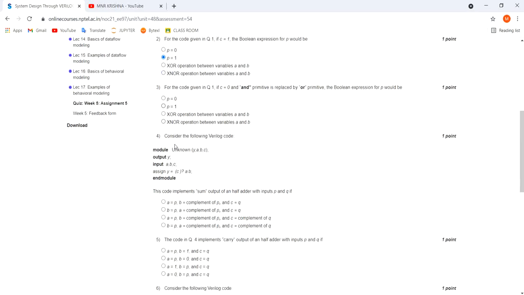For the third question, for the given code in question 1, if C is equal to 0 and the primitive is replaced by the R primitive, the Boolean expression for P would be.